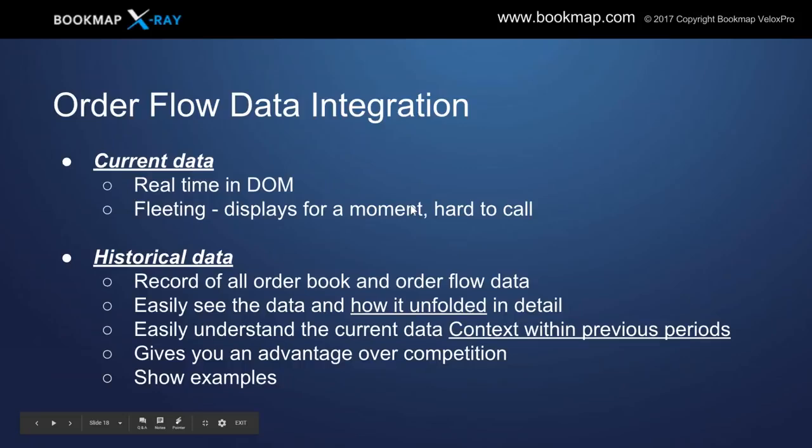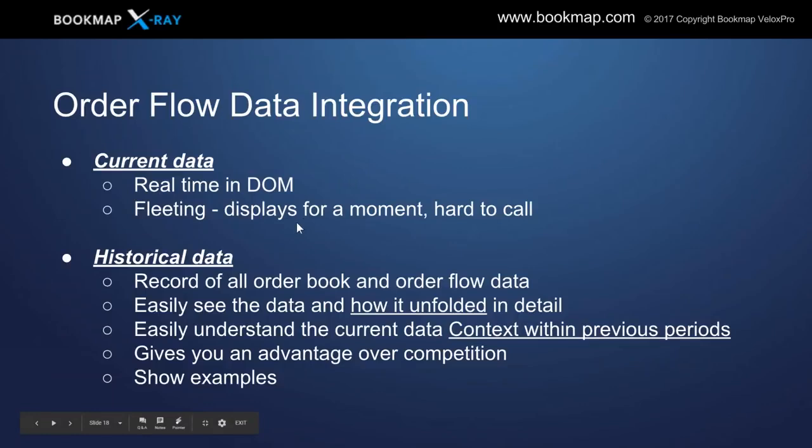All right, so now let's get into the integration of that current data, going through the order flow data integration. The current data, the real time in the DOM, is fleeting. You'll see those numbers display very quickly, and then they'll be refreshed with new data. So you'll have to remember those areas that may have been high liquidity or low liquidity.